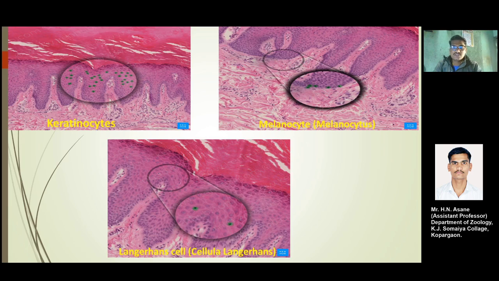You can see the melanocytes, which produce the melanin. And the Langerhans cells are antigen-presenting cells, shown in the third picture.